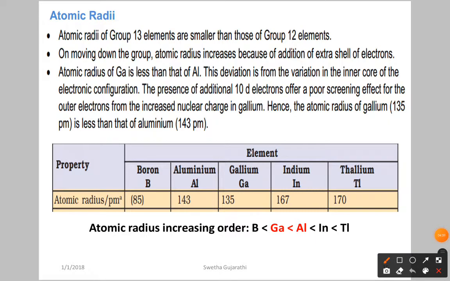The increasing order of radius is boron, then gallium, aluminium, indium, thallium.